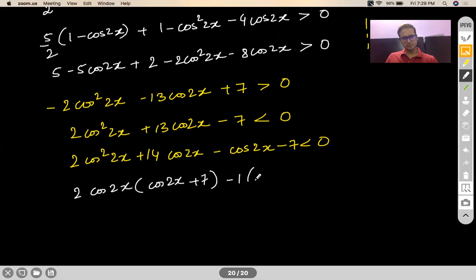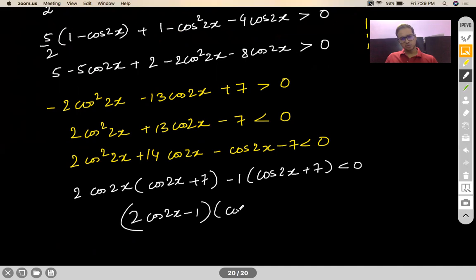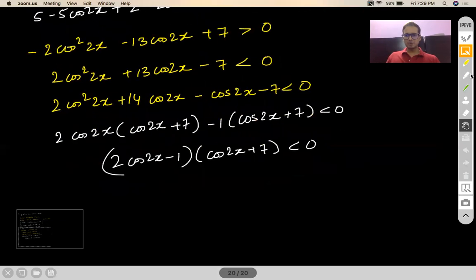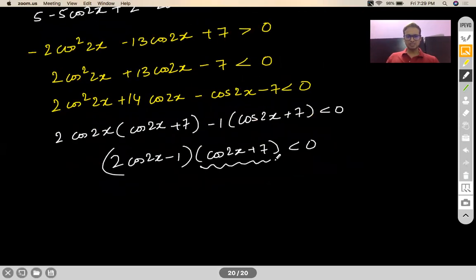Correct? Okay, so this is 2 cos 2x minus 1 into cos 2x plus 7 is less than 0. Now remember, this term will always be positive, because cos 2x plus 7 cannot be lesser than 6.